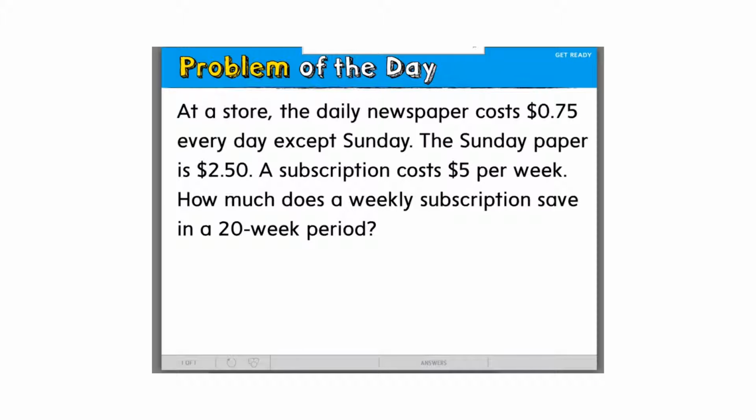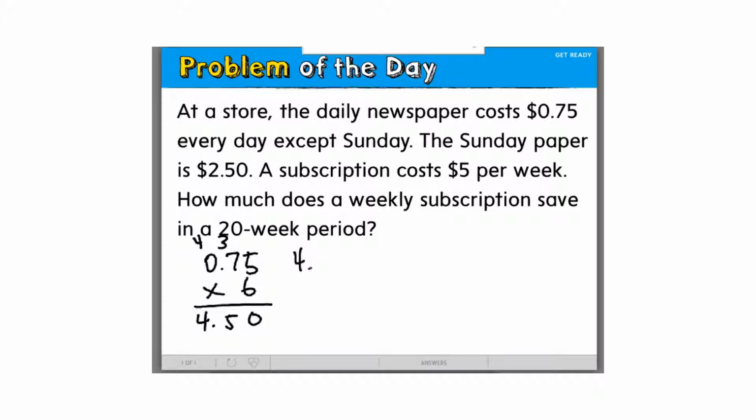There are 7 days in a week. On 6 of the days, the newspaper costs 75 cents, so I'm going to multiply by 6. Something else you could have done was just add 75 cents 6 times, but I'm just going to use multiplication. That's 30, 42, plus 3 more is 45.